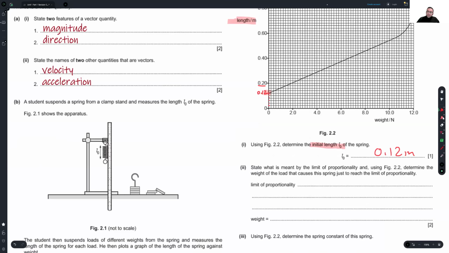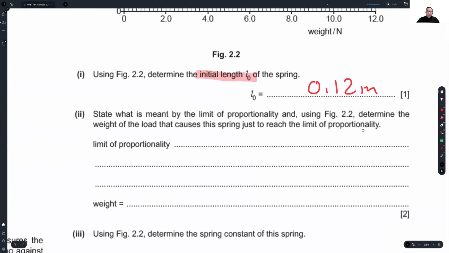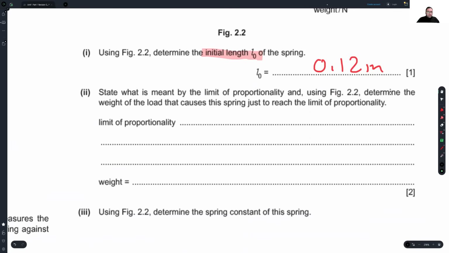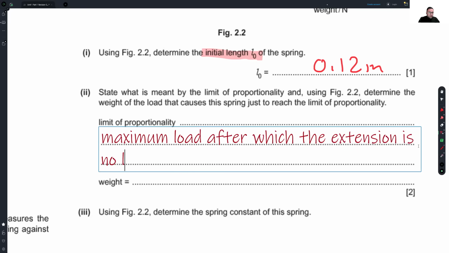State what is meant by limit of proportionality and use figure 2.2 to determine the weight of the load that causes the spring to just reach the limit. So the limit of proportionality is the maximum load or maximum force after which the extension is no longer proportional to the load.